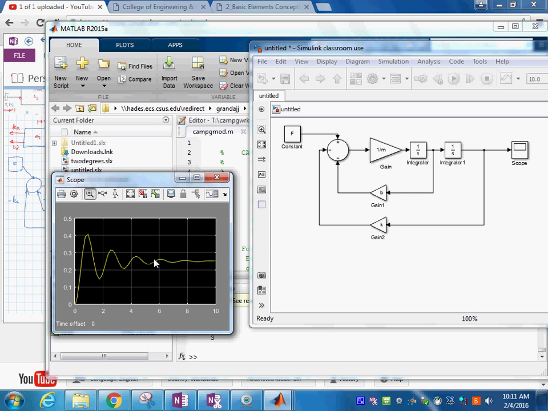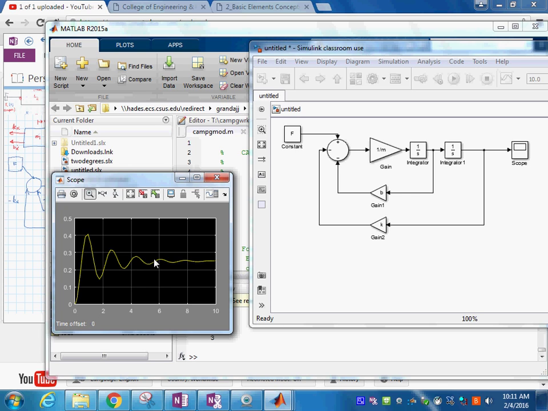But you could tell there is a big difference between the two methods. In the bond graph method, you let the computer write the equations. On this one, you are writing the equations. There's no getting around it.